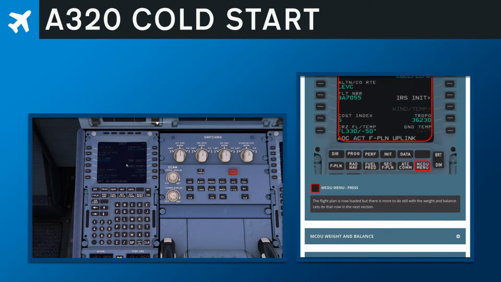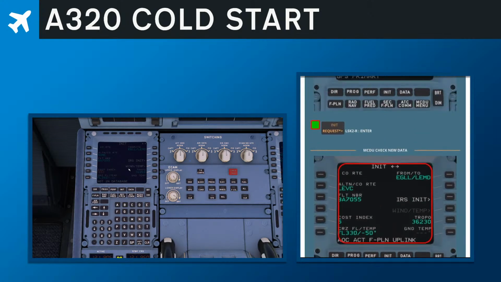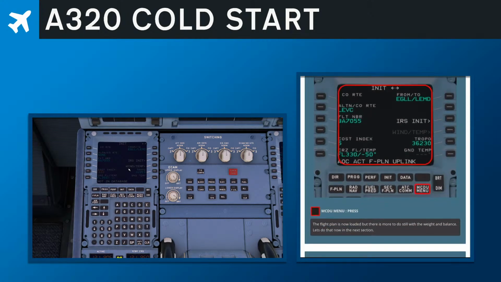Yeah, there you go. It didn't work actually. So it's good to check that. So that's what that check's all about, is to make sure that the data actually came in. So you can see that the data did actually come in there as well. So what we can then do is go to the next bit, which is MCDU.